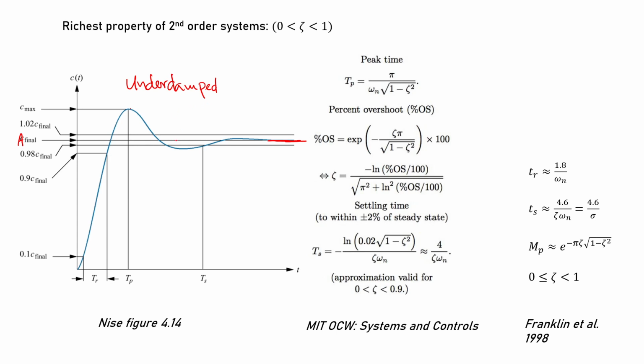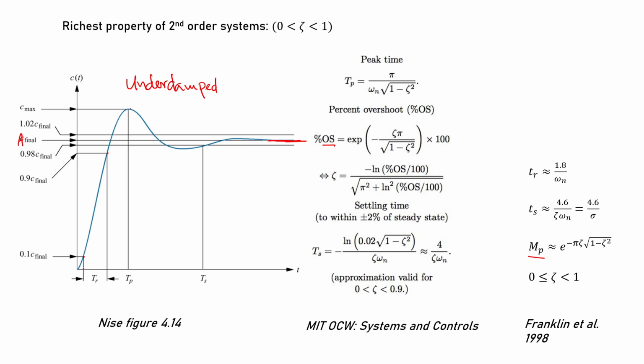So we can see the detail, or the richness, of the properties here. For example, overshoot is denoted by OS like this or like this, and rising time, which is the rise from 10% to 90%.